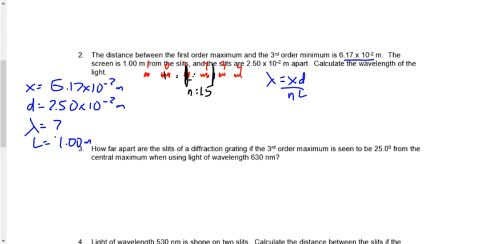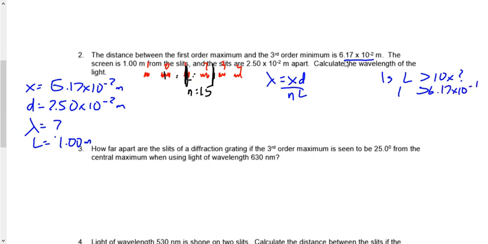Does that make sense? Now, in the end, if we did do the test, we can justify that, sure enough, this equation is valid. Is L greater than 10 times X? L is 1. 10 times X is 6.17 times 10 to the minus 1.